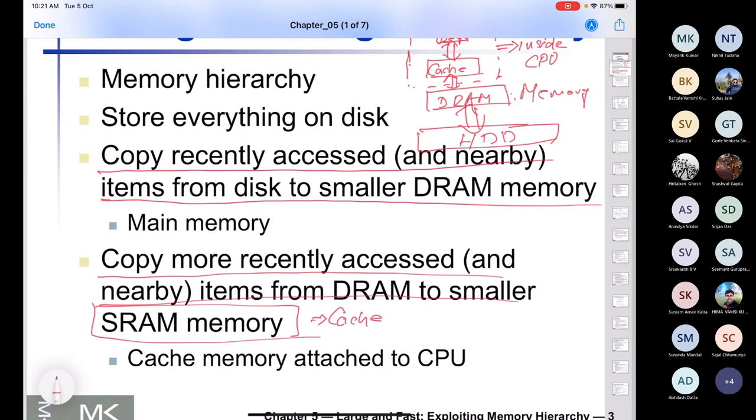DRAM is dynamic random access memory, and SRAM is static random access memory. Random access memory implies a memory where the access time does not depend on the address, where the amount of time needed to read or write a particular location does not depend on the address.